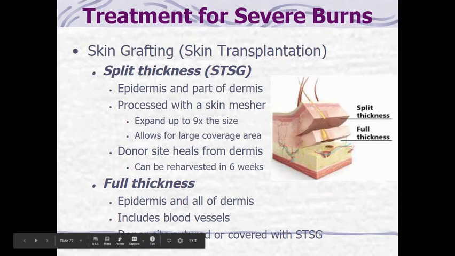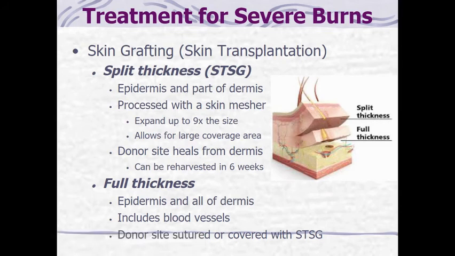Then skin grafting often needs to take place. And there's two different kinds of skin grafting or skin transplantation. There's split thickness, in which we take a piece of the epidermis and part of the dermis. So we're taking skin from a different location. It's then processed with something called a skin mesher.